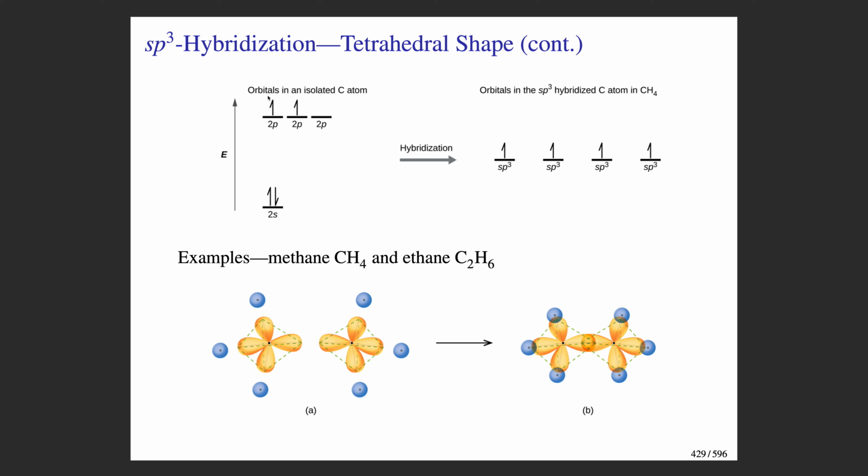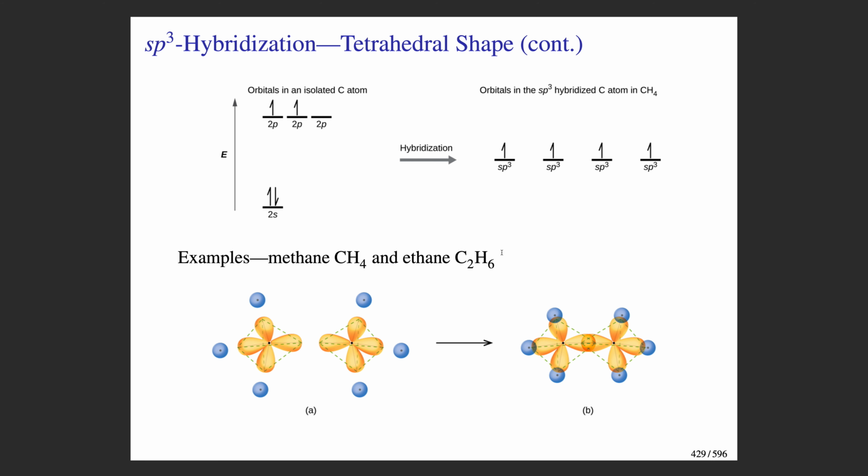And the 4 valence electrons that we had will then remain maximally unpaired. These point to the corners of a tetrahedron structure, if we look kind of like this here. And then for methane, each of these electrons can be paired up with an electron from a separate hydrogen atom.